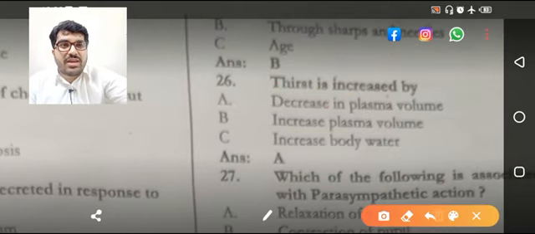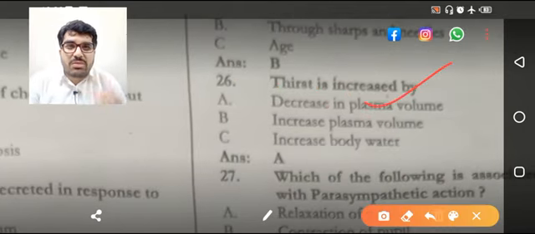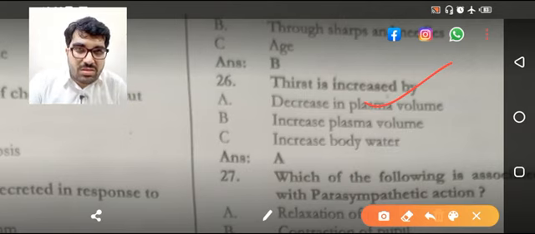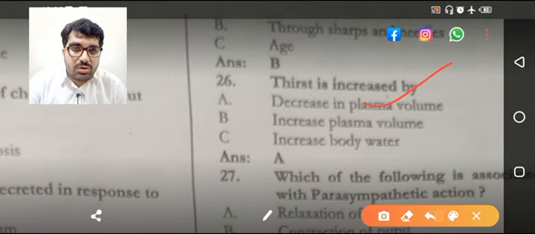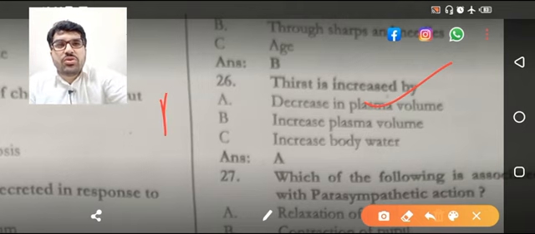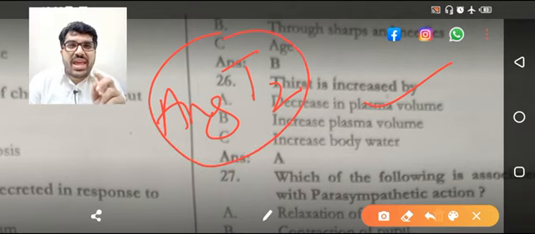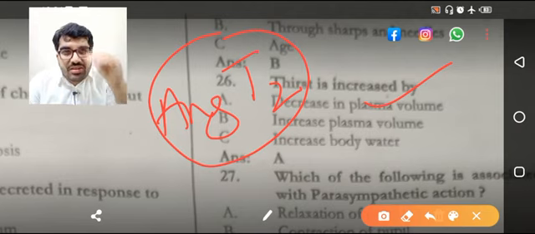Thirst is increased by a decrease in the plasma volume or an increase in the plasma osmolarity. These two are the right answers. And thirst is stimulated by angiotensin 2. An angiotensin 2 blocker or ACE inhibitor decreases the thirst.